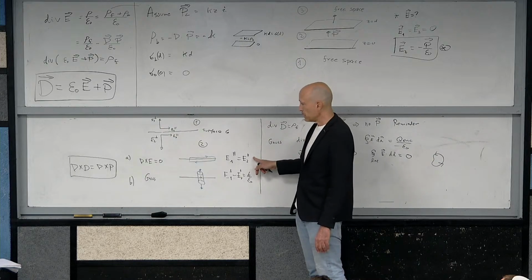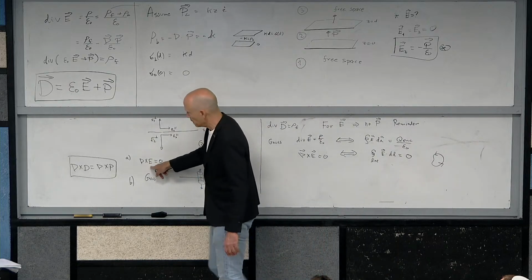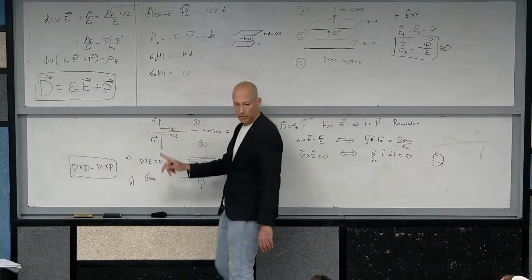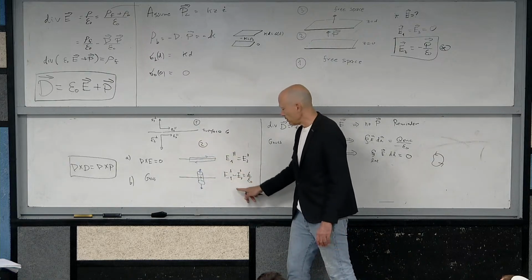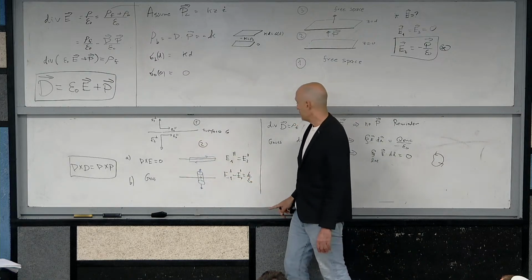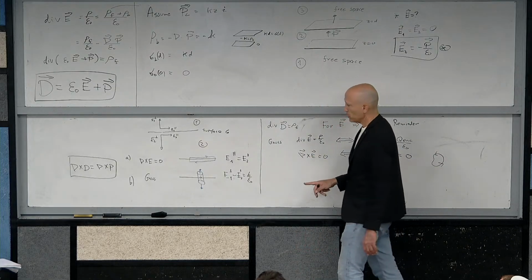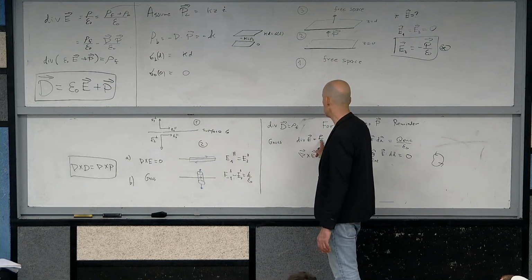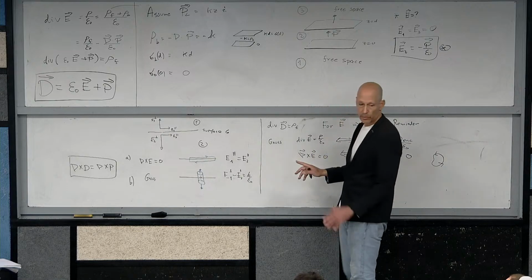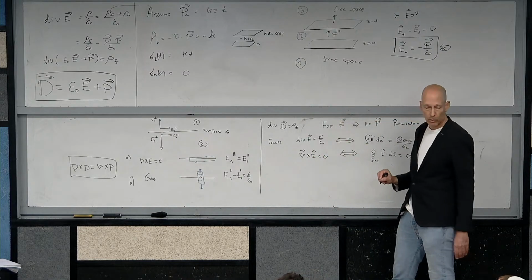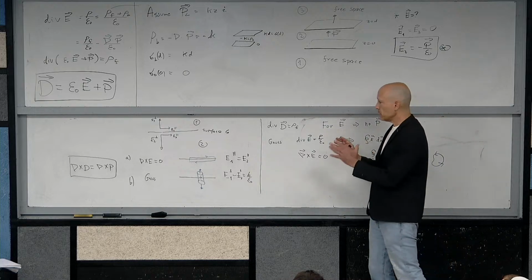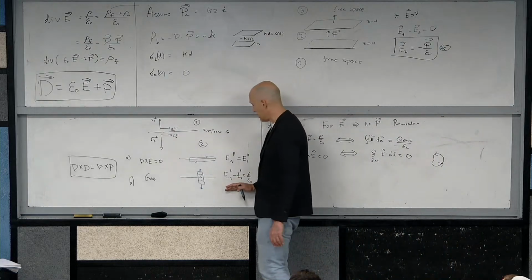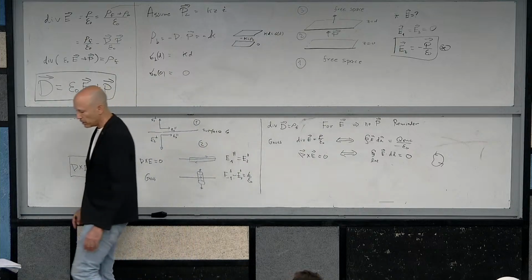The answer is yes, because curl D is not equal to 0 in principle. So this one will change. Will this change? No, because the equation for D is the same as this Gauss law. Nothing will change except for some epsilon 0. Is that clear? So that is the general strategy. This law more or less doesn't change.